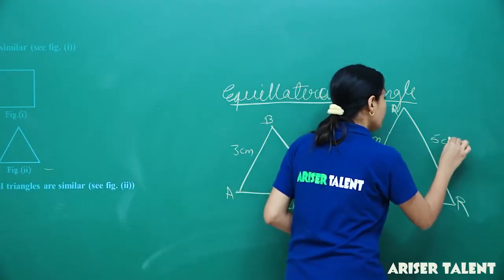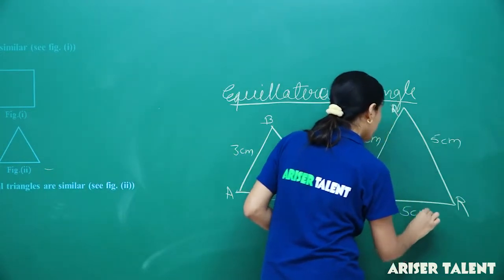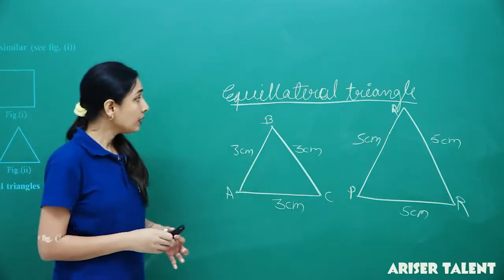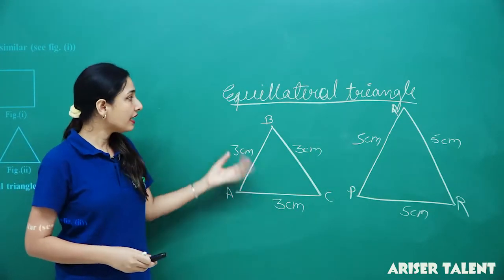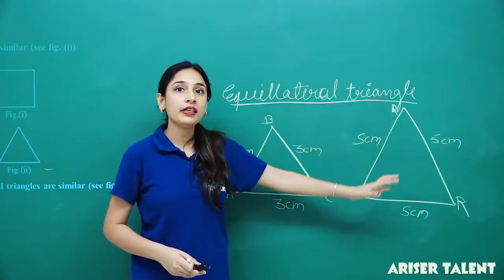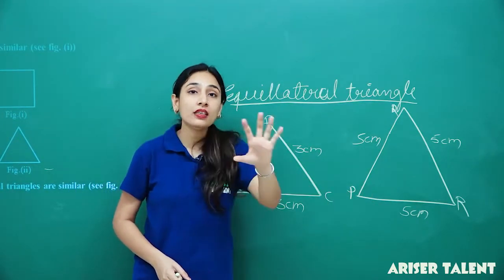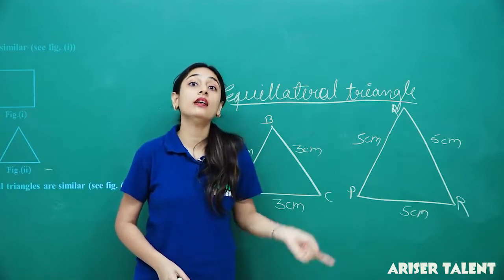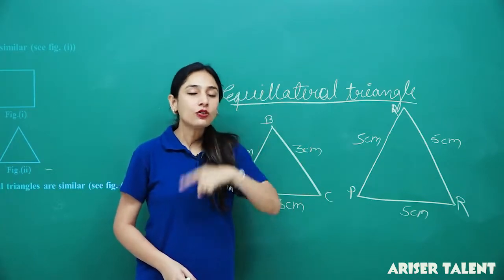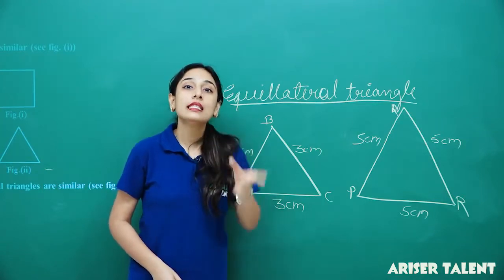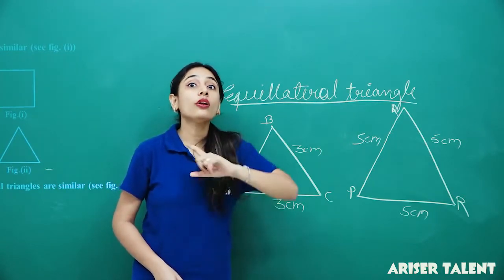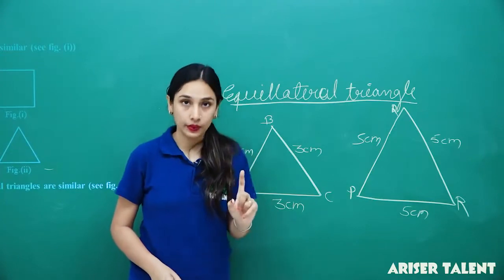That will be 5. That will be 5. So if we are looking at an equilateral triangle, whether it is 1000 centimeters or 1000 meters or kilometers, if it's an equilateral triangle, then it will always be similar, but need not always be congruent.